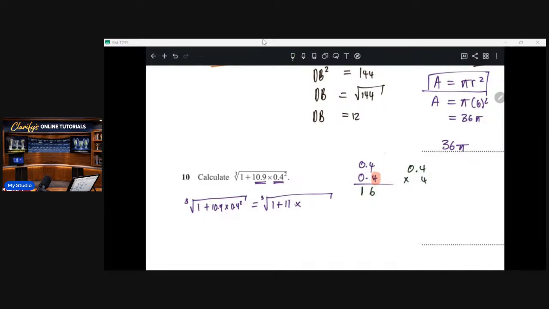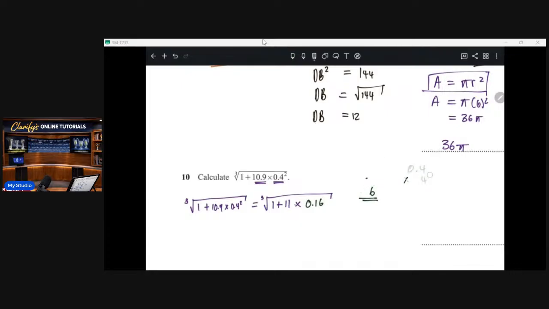Now you count how many digits you have after the comma for both. Here we have 1, here we have 1, so we must have 2 digits after the comma. So it will be 0.16.